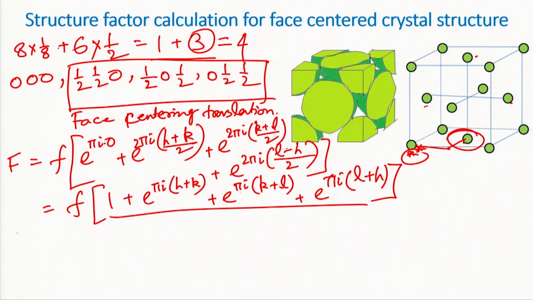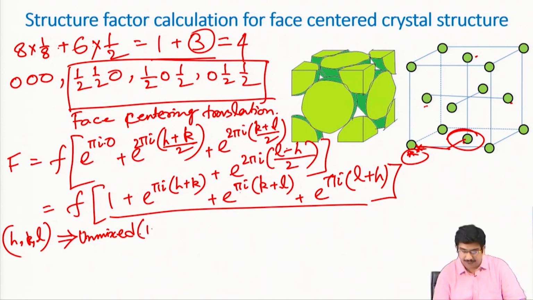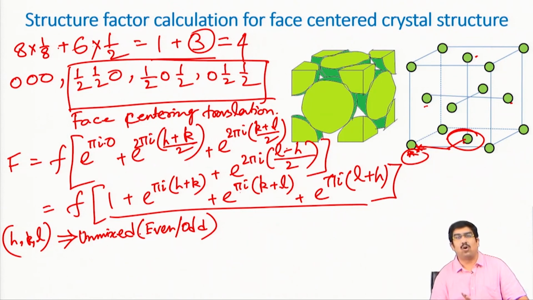So the first one we consider, let us say H, K, L are unmixed. So what does unmixed mean? Unmixed means either all are even or all are odd. So H, K and L, either all of them are even or all of them are odd.